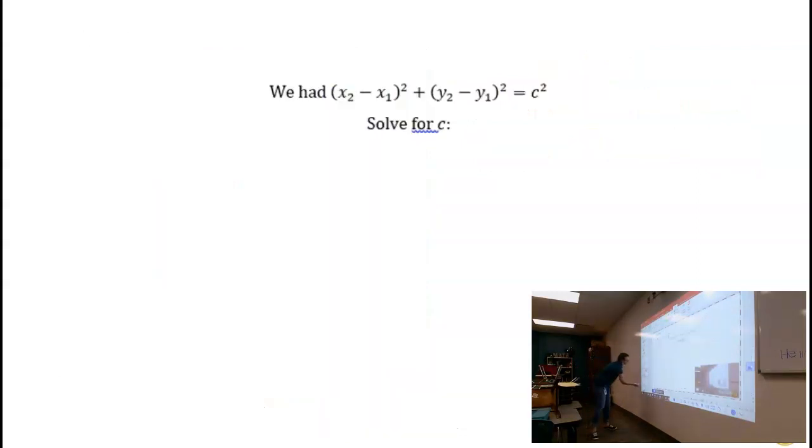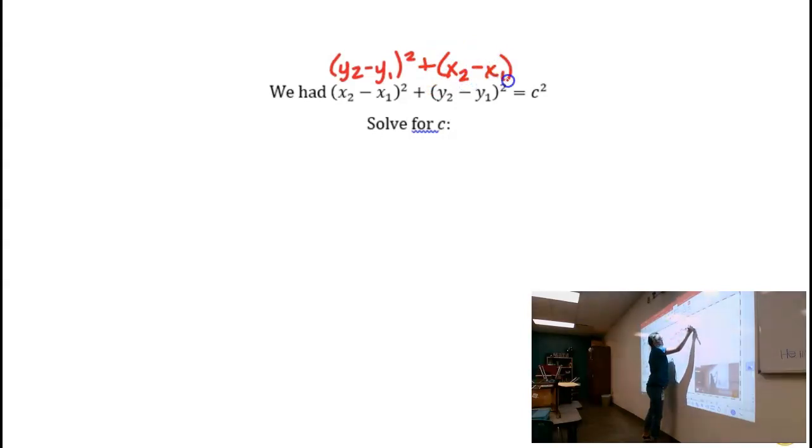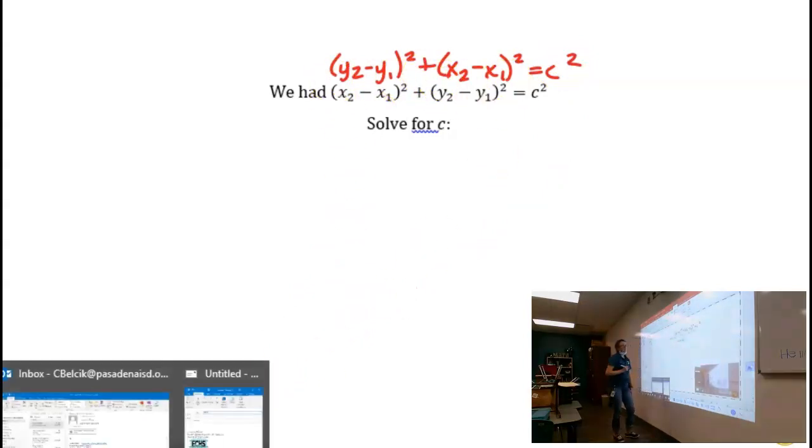So we had this, and it's okay if these are x's now and these are y's. It means the same thing as this. I can take a quantity and add another quantity in any order. It doesn't matter that they are switched.